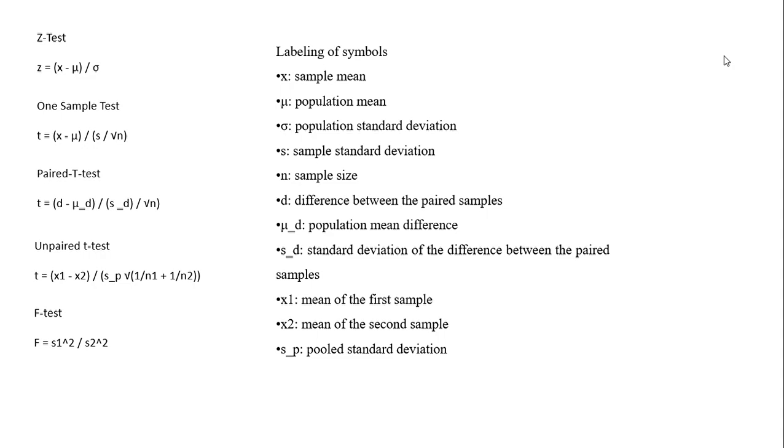Here is a labeling of symbols: x-bar means sample mean, mu is population mean, sigma is population standard deviation, s is sample standard deviation, n is sample size, d is the difference between the paired samples, mu-d is the population mean difference, s-d is the standard deviation of the difference between the paired samples, x1 means the mean of the first sample, x2 the mean of the second sample, and s-p the pooled standard deviation.